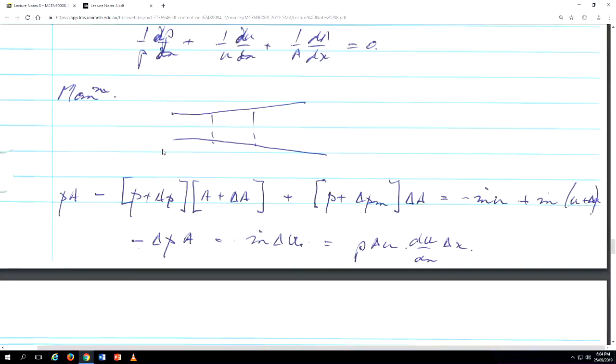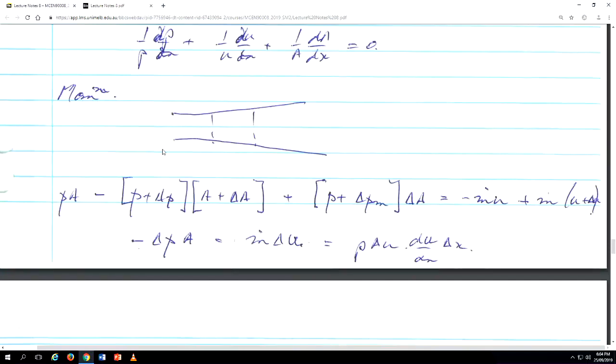But rho u dot n is negative. u_i is positive, so the momentum flux across that boundary is minus m dot times u. And the momentum flux across this boundary is the same mass flux, but the velocity is now u plus delta u.